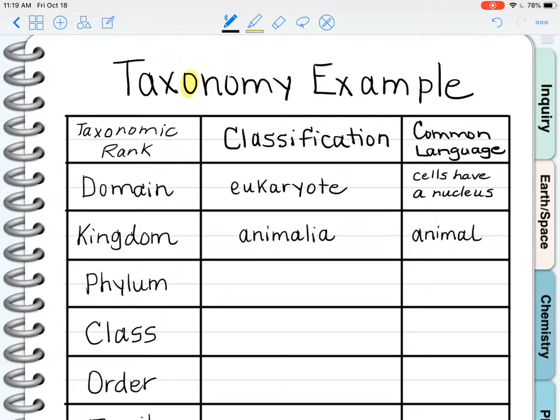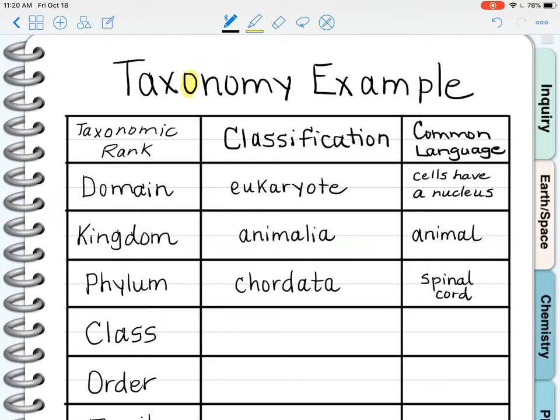Okay, its phylum is Chordata. And you might be thinking, I have no idea what that means. That's okay. It means it has a spinal cord. So I have just ruled out an earthworm. I have just ruled out a jellyfish, because this is an animal with a spinal cord.